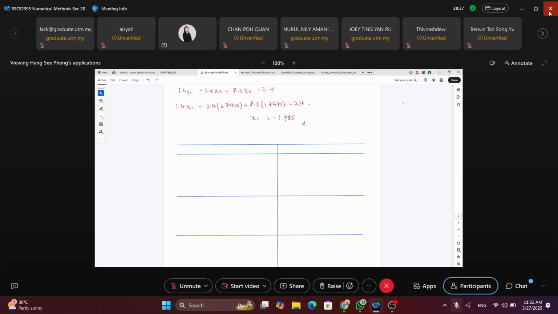So we go for B, matrix, and these are the operations. Put in the augmented matrix. So same matrix, but we want to see if we consider the partial pivoting. So what should we do?